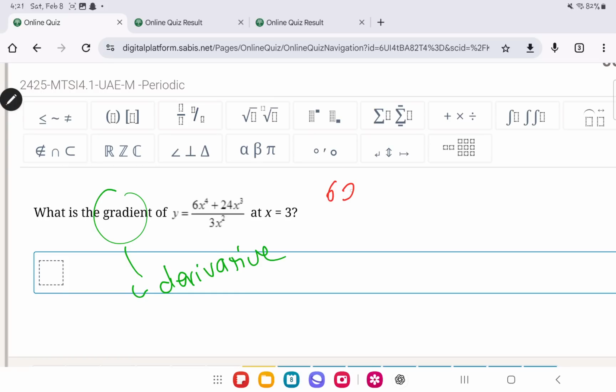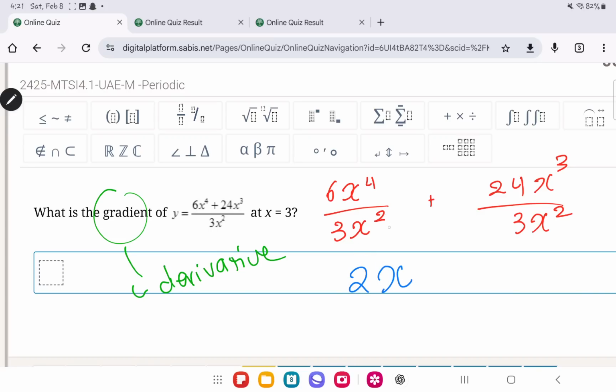So it becomes 6x to the power of 4 over 3x to the power of 2 plus 24x to the power of 3 over 3x to the power of 2. Then we can divide. So this becomes 2x to the power of 2 plus 8x.